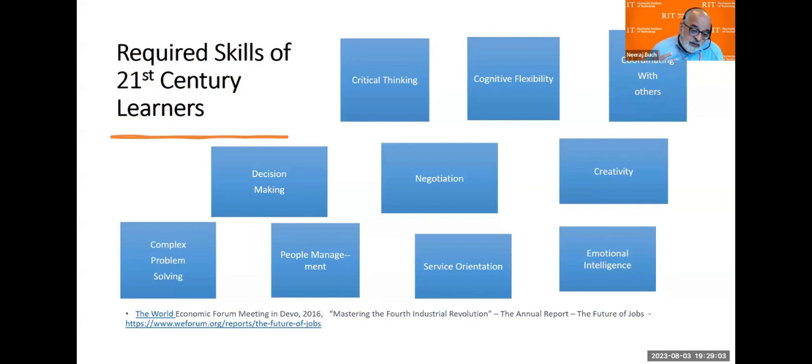So if you are close to an industry, I think that is a great way to bring hands-on information into the classroom. Coordinating with others, of course, you can have group activities where students are working in teams. That's another way of learning how to work with others, and adjusting to the skills of others.